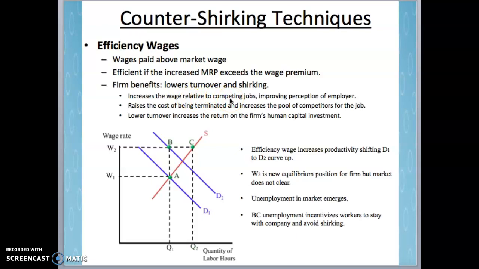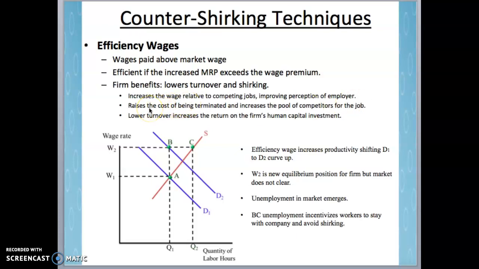So In-N-Out, by paying $15 an hour, is a better job than the alternative for the worker, which would be McDonald's paying $12 an hour. That makes In-N-Out look a lot better to the employee, and that improved perception of the employer presumably encourages more productivity. It encourages the worker to stay longer. They feel better about their company, feel like the company cares.